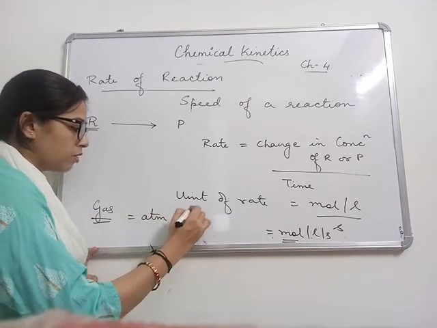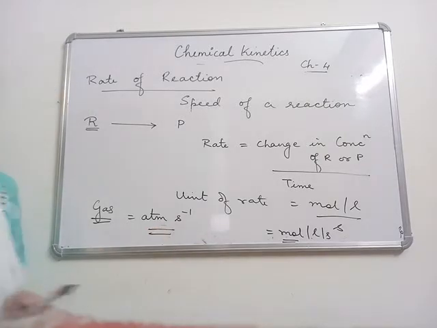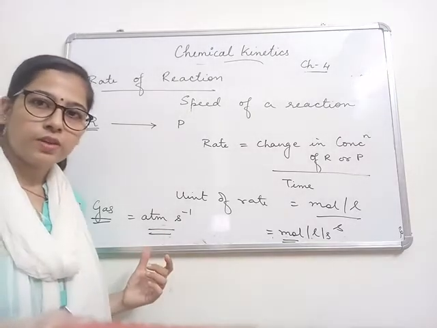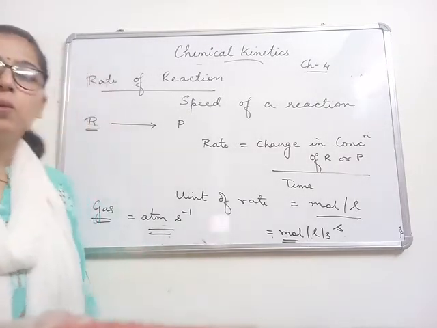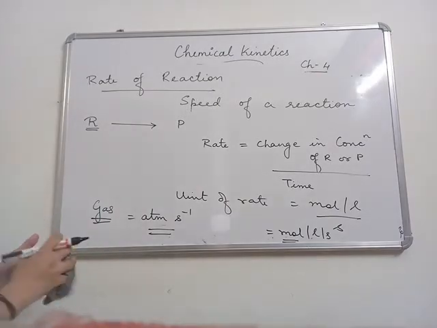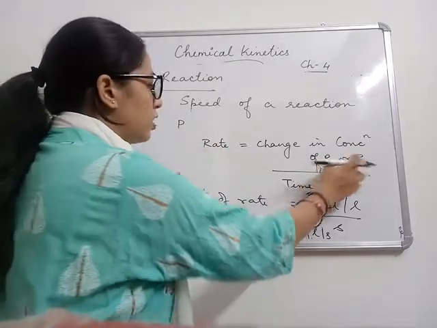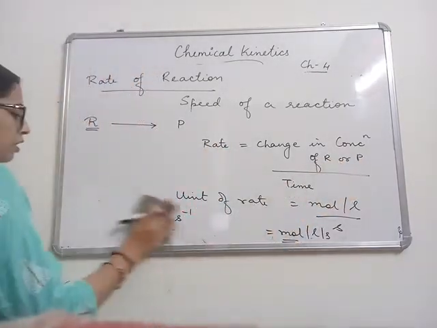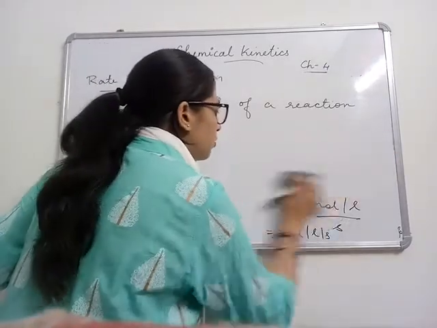So it would be atmosphere per second. So if the reaction is in gas phase, the rate has a unit atmosphere second to the power minus 1. So this is the rate. Rate is change in concentration of reactant or product with change in time. Now we will see the detailed part of it.